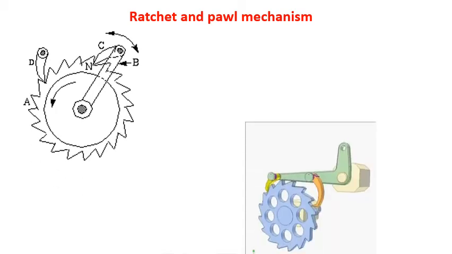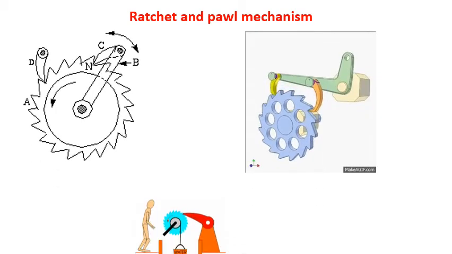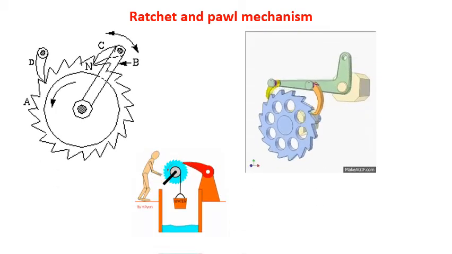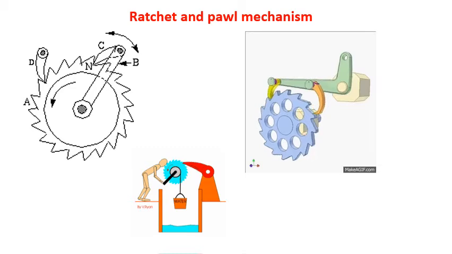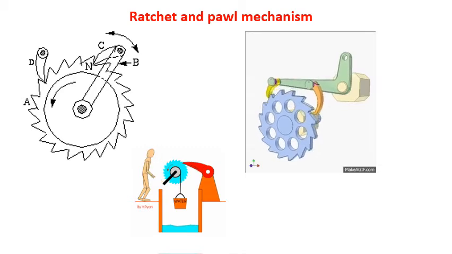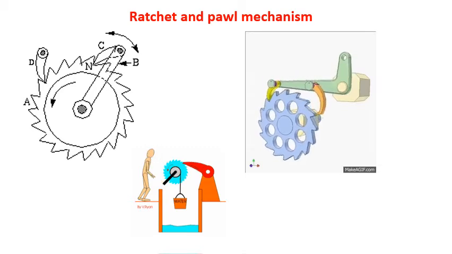So the next important type of intermittent motion mechanism is the ratchet and pawl mechanism. Ratchets are used to transfer motion of rotation or translation into intermittent rotation.